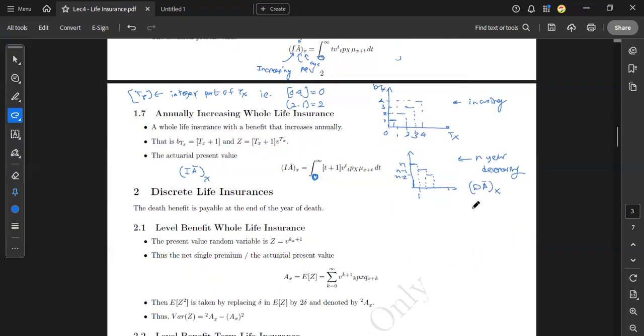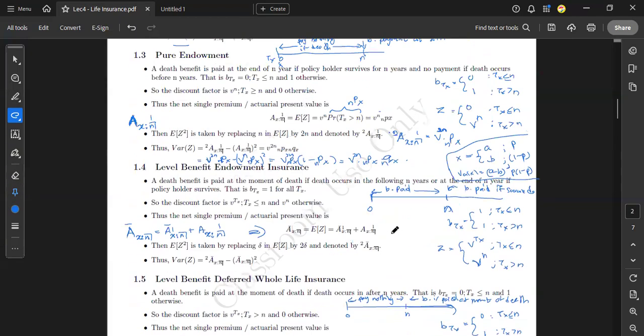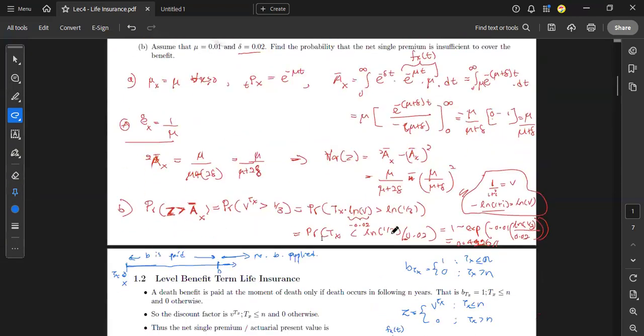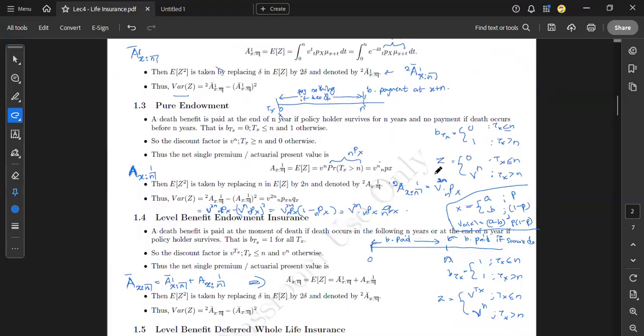And this is equal to the integral from 0 to n of n minus t, v^t, p_x^t, mu x plus t, dt. So we can derive based on the information we have. So that is the entire continuous cases we are considering for this chapter.